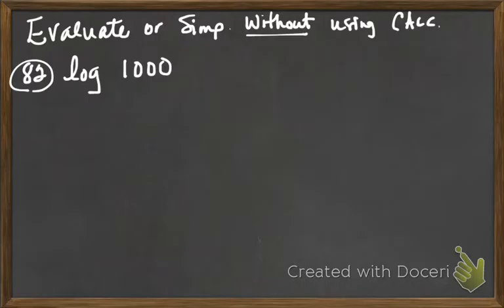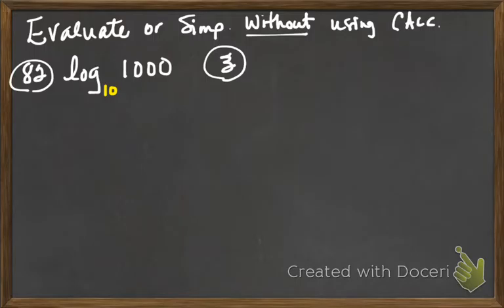So you're going to have to think that there's a base 10 there. So this problem says 10 to what power is equal to 1,000? And that would be 3. 10 to the third. 10 to the second is 100, so 10 to the third would be 1,000.